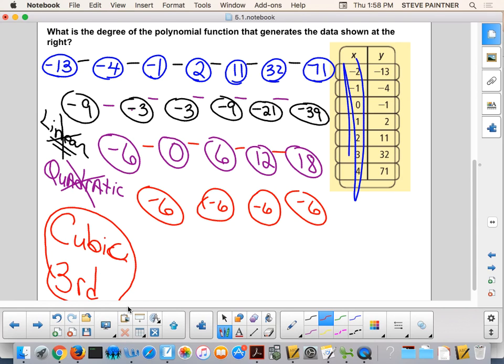Oh, you know what I need to know? I need to know if you need graph paper, because period 5 said you didn't even need graph paper. You might want to just take a sheet of graph paper, because what if you need it? Taylor, you need graph paper?